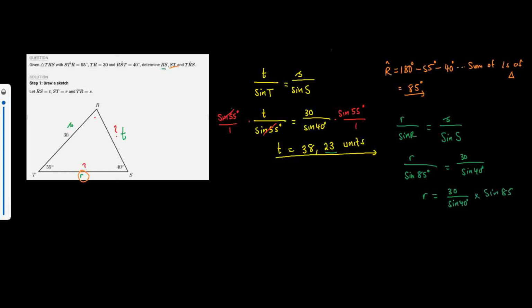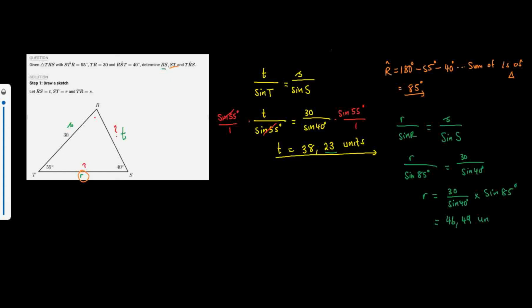I basically multiply both sides of the equation by sine 85 degrees. Let's use our calculator. I have 30 over sine 40 degrees times sine 85 degrees, and I have 46.49. Not degrees, sorry. We find it in an unknown side, so that will be units.